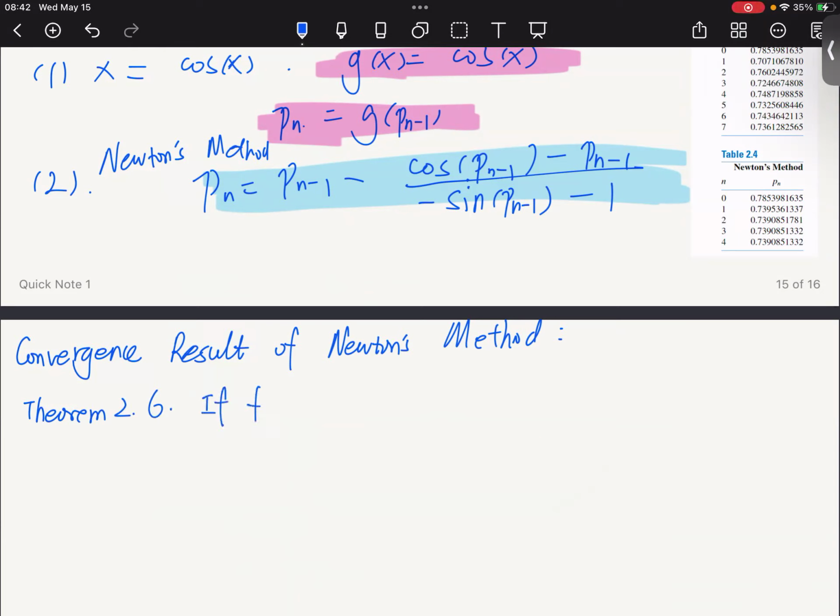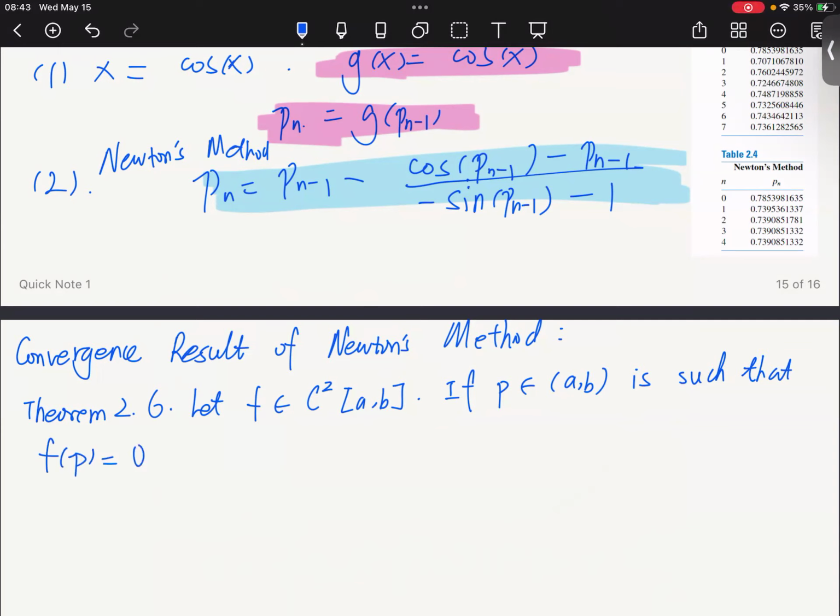So first, we still have the assumption that the f function is C2 on the interval [a, b]. And if p is the solution in between, the solution of f(x) = 0, we also have the assumption that the derivative is not equal to 0.